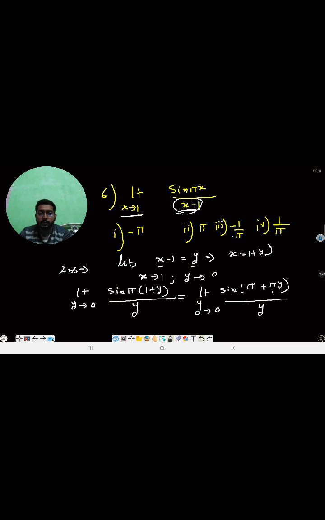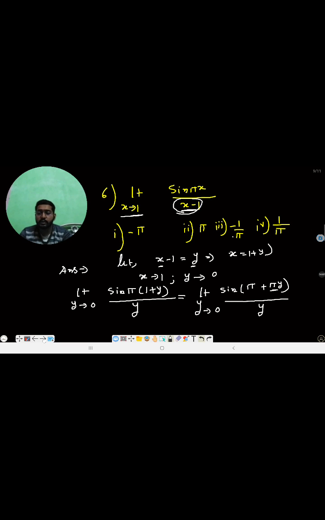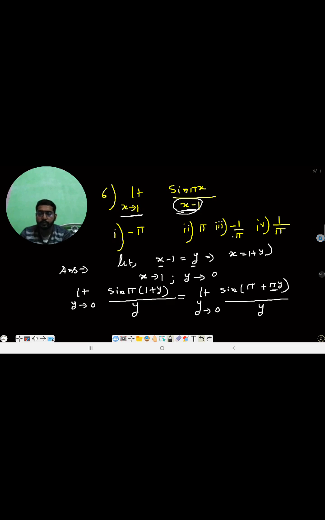Now sine of pi plus theta is in the third quadrant, so it will be negative. So that will become limit y tends to 0 of minus sine pi y divided by y.